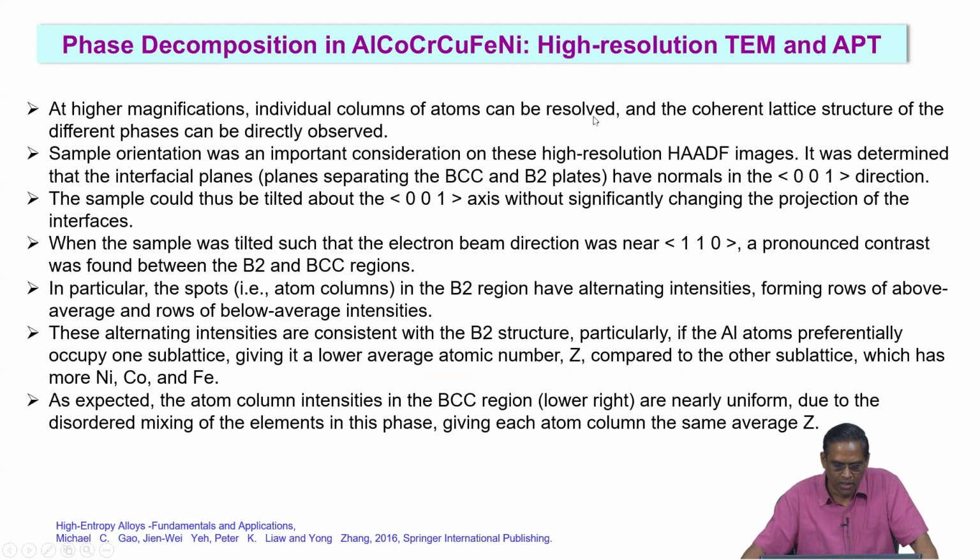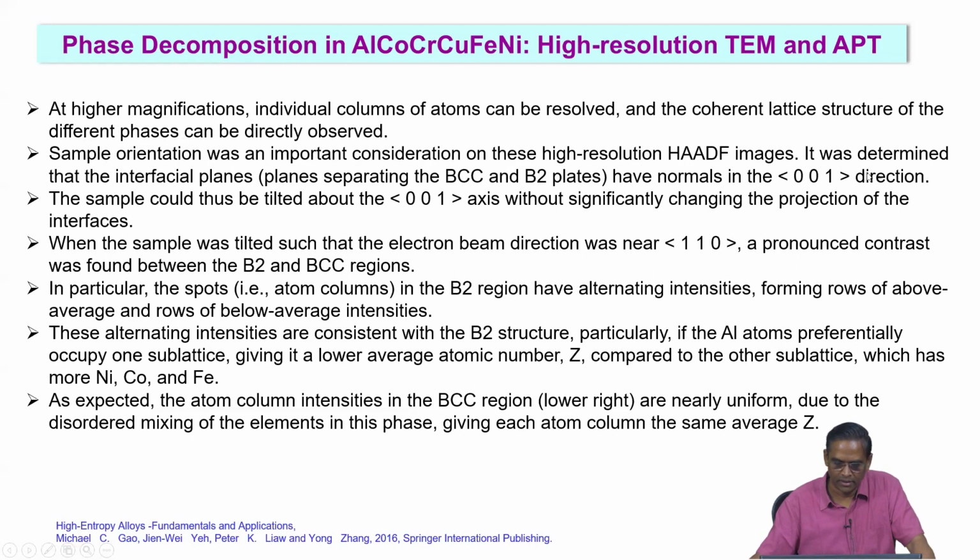and we can look at the same image in high resolution TEM. Individual atom columns can be resolved, and the coherent lattice structure of the different phases can be directly observed. For that, in a normal TEM, we need to use a technique called high resolution high angle annular dark field imaging.